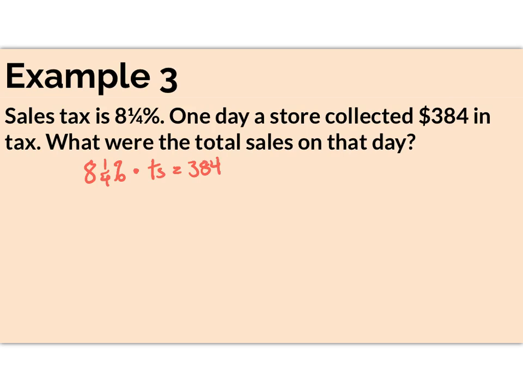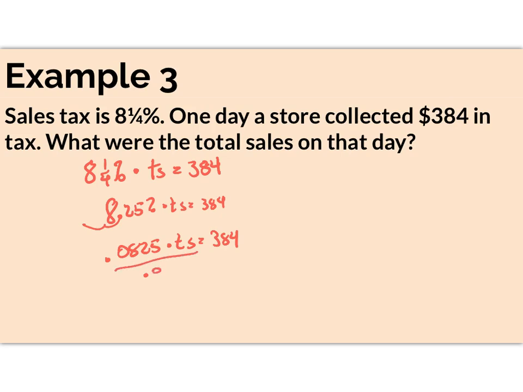So 1/4 is 0.25. So I'm going to change this to 8.25% times total sales equals $384. Changing a percent to a decimal, divide by 100, moving the decimal twice, 0.0825 times total sales equals $384. Now we can do the math.